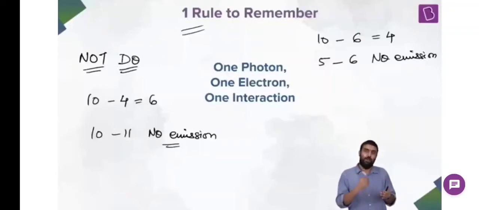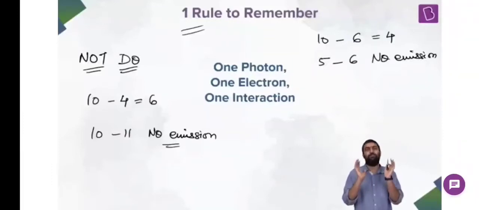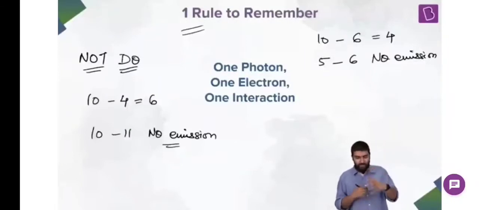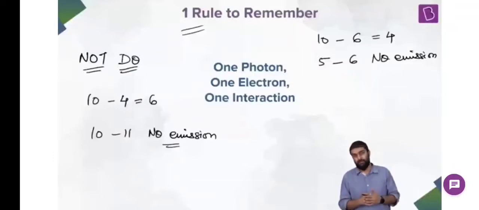Because ultimately, one photon is going to interact with only one electron. Whether you send the same army of photons for a longer duration, nothing is going to change because ultimately one photon is going to interact with one electron. So remember this, and that is how Einstein helped explain the photoelectric effect and got a Nobel Prize for it.